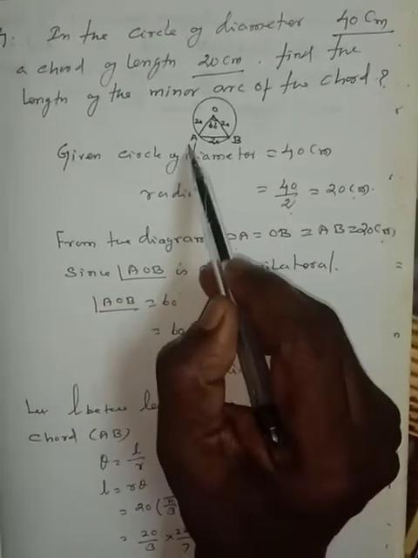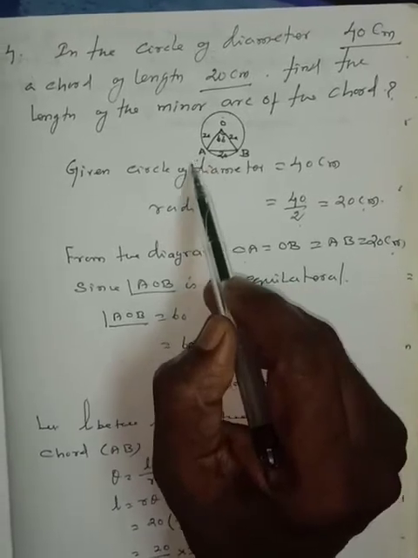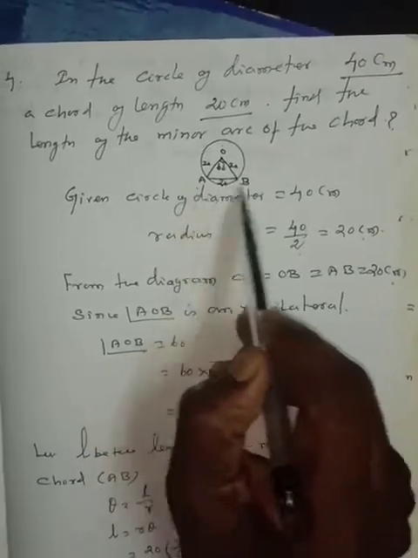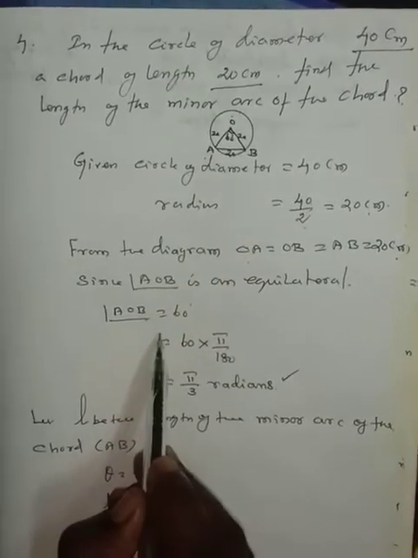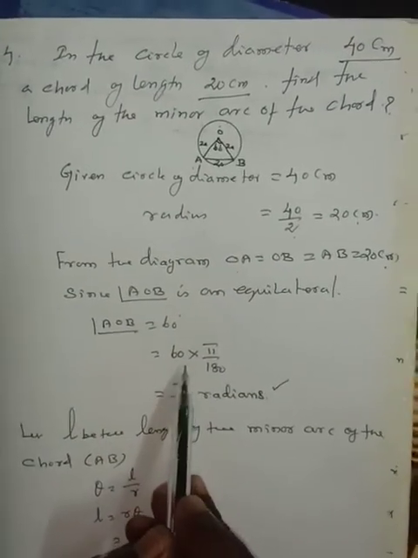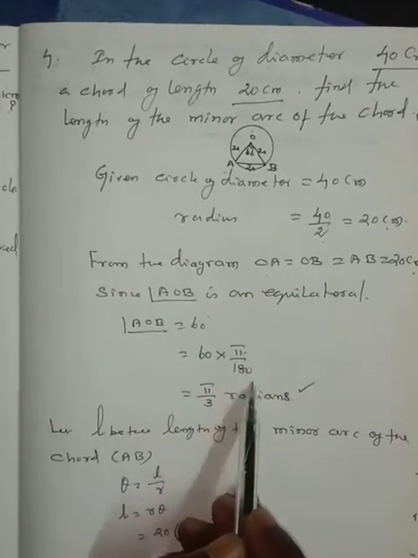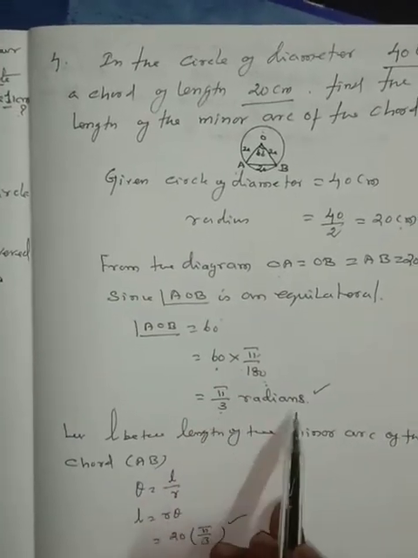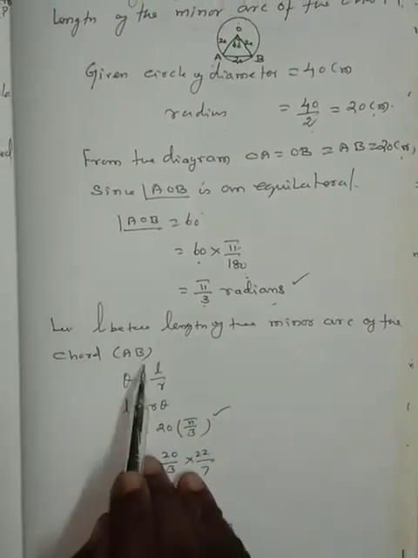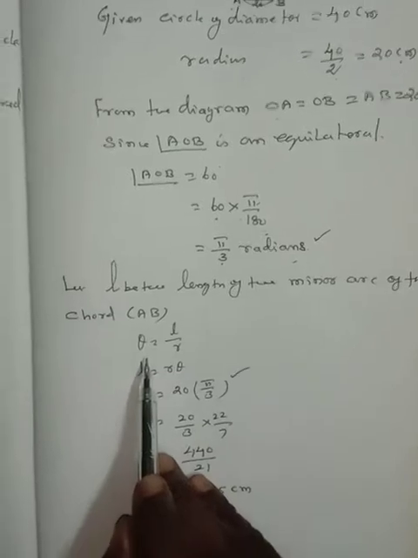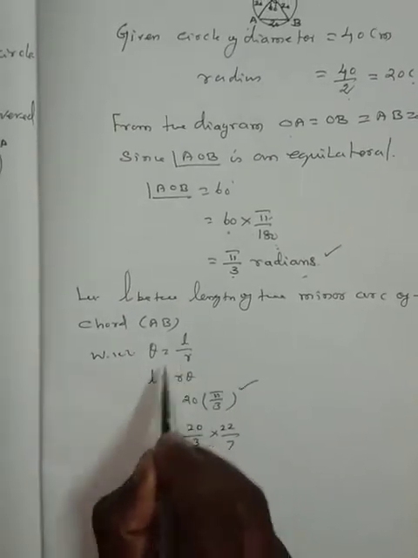Since the triangle is equilateral, let theta be the angle subtended by the chord AB. Then angle AOB is 60 degree. Converting into radian measure, 60 into pi divided by 180, cancelling, gives pi by 3 radians. We know that theta is equal to l by r.